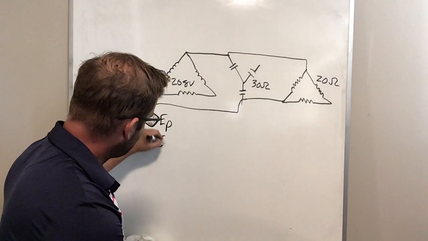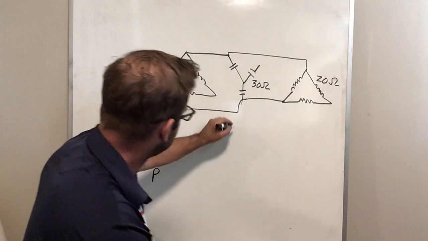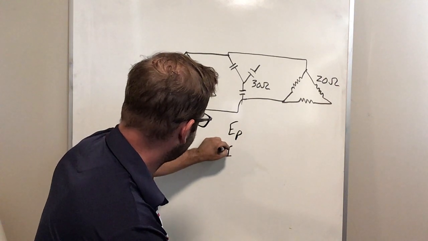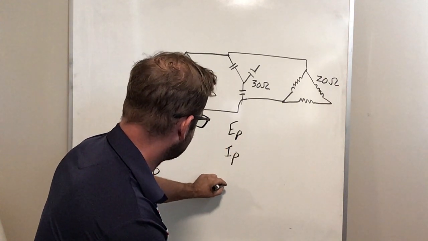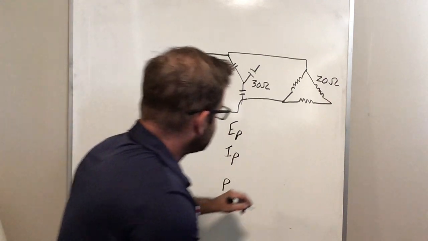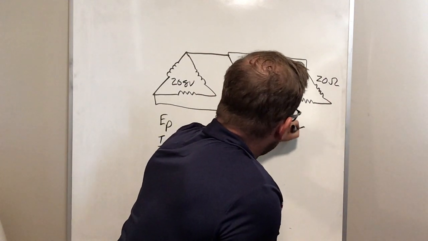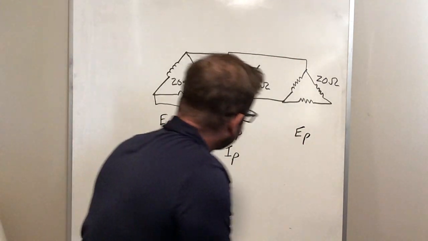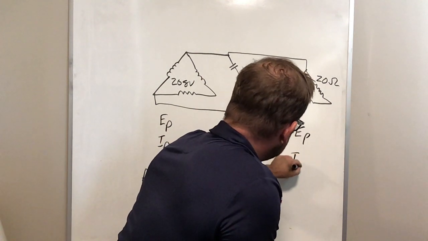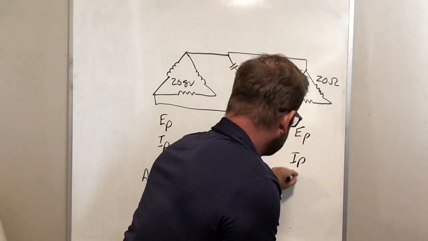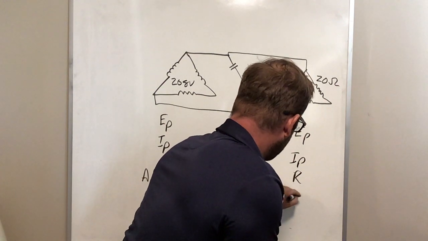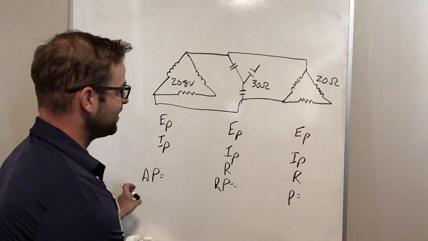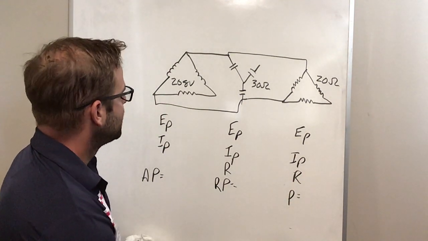We need E phase, I phase, and our power in volt amps in this case. So this one is apparent power. I phase, I guess I got resistance in there, resistance and power. So this is our reactive power, that's true power, and that is apparent power in the end.